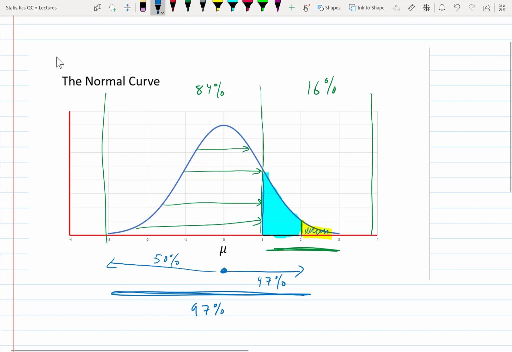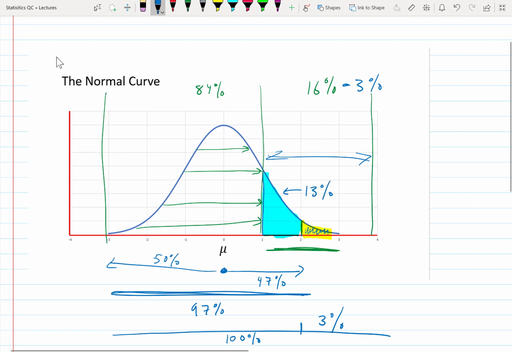So we know that the total curve is 100%. So the area left over here is about 3%. So now we can subtract out this 3% area, and that gives us a remainder here of 16% was here from here to here. So the remaining area is going to be 13%. So these problems can get a little bit trickier.